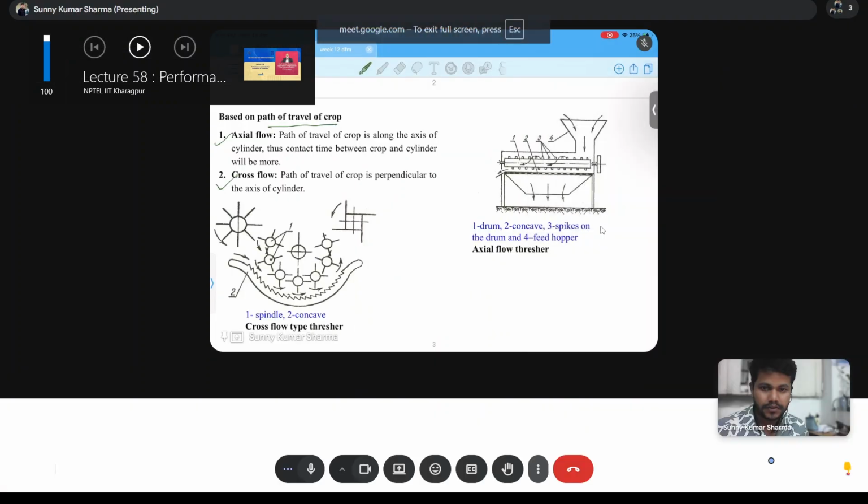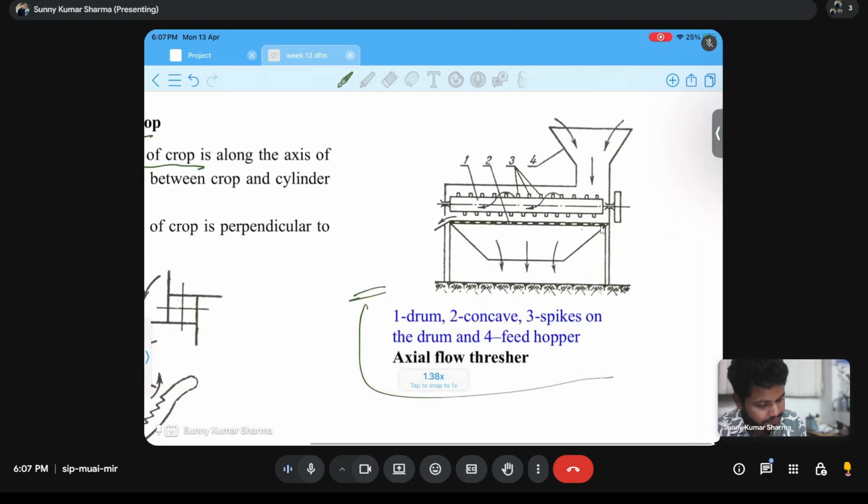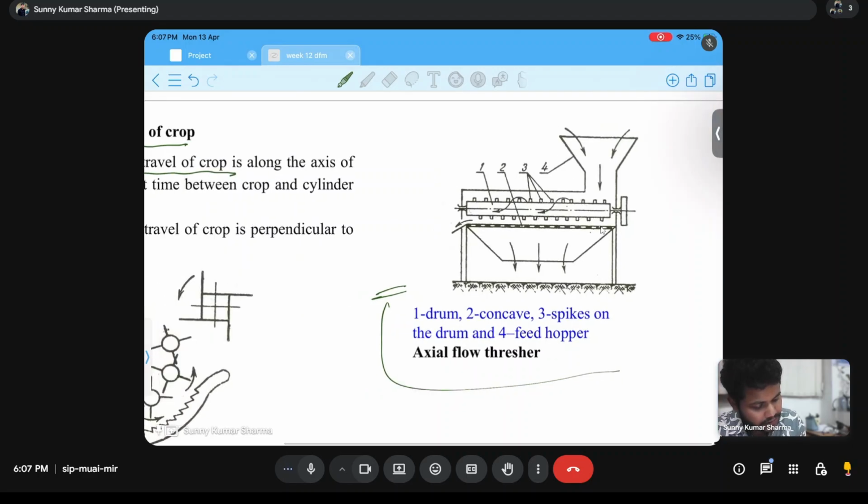So yes, axial flow type thresher and cross flow type thresher. Axial flow type thresher is the one in which the path of travel of the crop is along the axis of the cylinder. See here in this figure, an axial flow thresher is shown. This is the axis of cylinder.